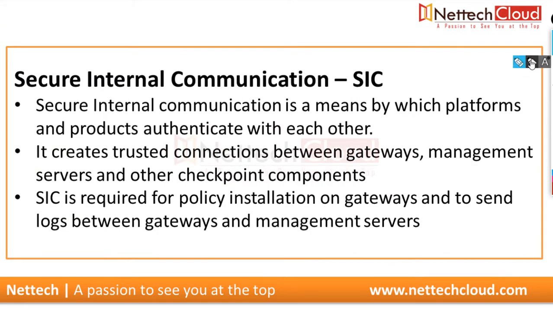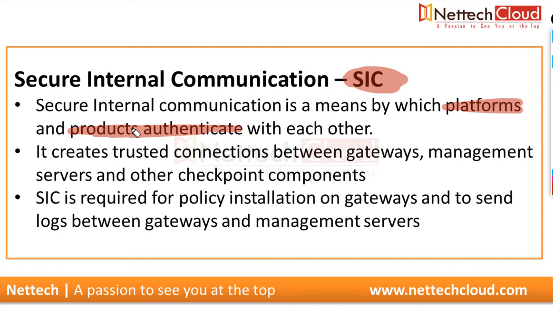Another important point to discuss here is secure internal communication. So what is secure internal communication? It is a means by which platforms and products authenticate with each other. For example, SMS and SG are both Check Point components, and they need to have a secure trust relationship, a tunnel established, right?